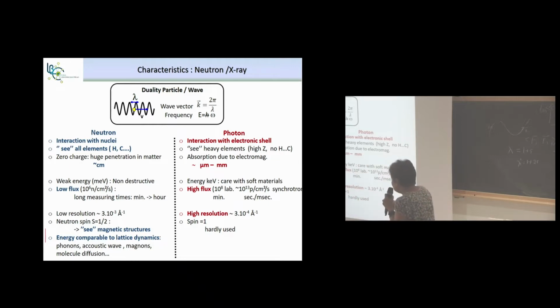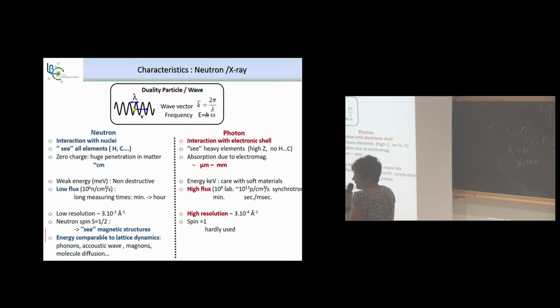Neutrons have weak energy. It could be different from X-ray, especially if you go to synchrotron radiation. The energy is larger, and the flux of synchrotron radiation is much higher than for neutrons. So this can damage your sample.